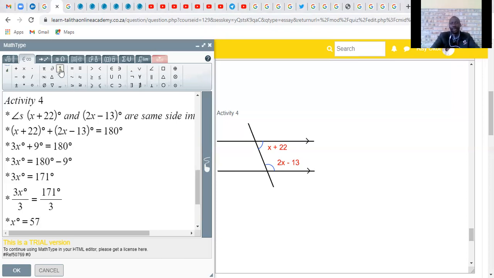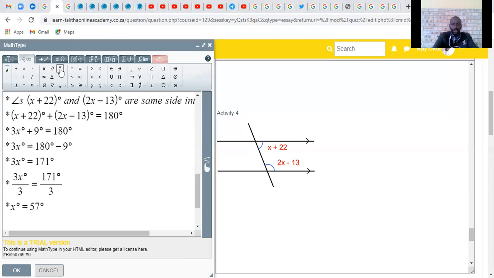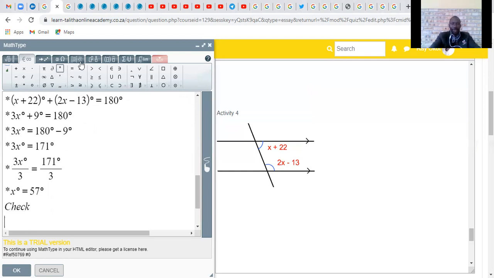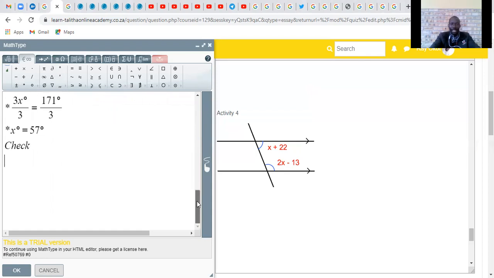Sometimes it's a good thing to check if what you have got is correct. To check is to substitute the values you have got in the original equation and see if the result will be in line with what the theory says. So we have here x plus 22. Now x is 57, so we'll be having 57 plus 22.